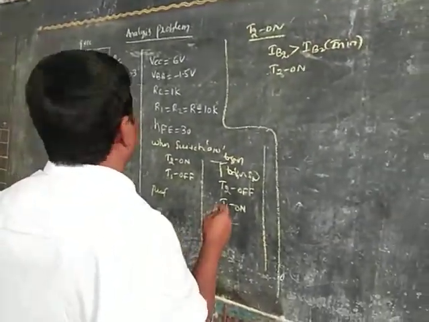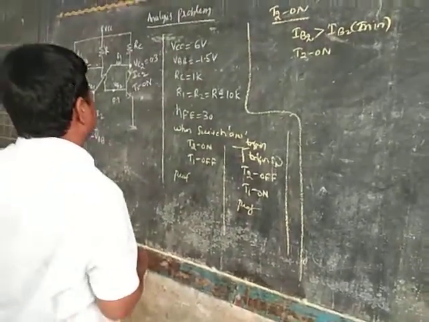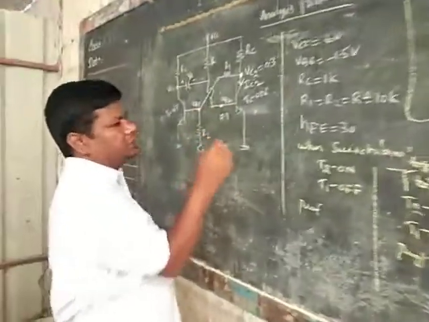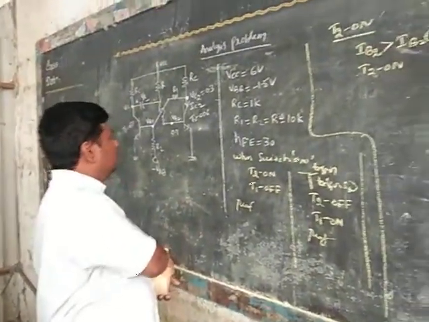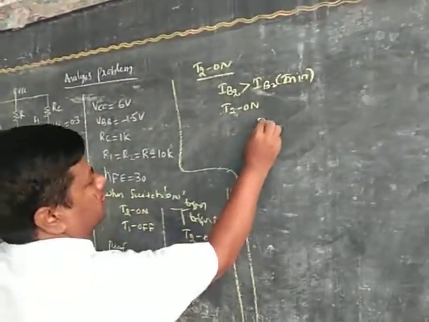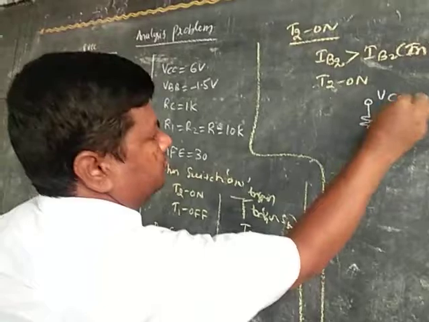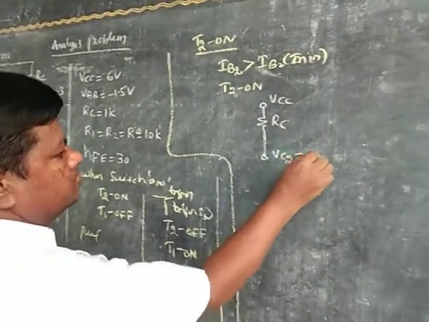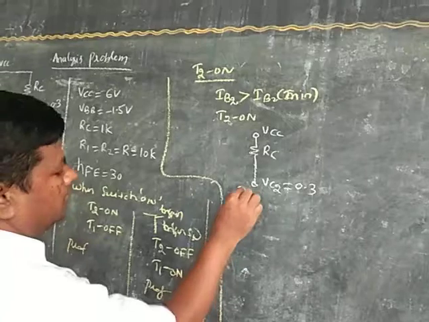First of all, find out the current IC2, coming to this branch. Consider this branch: this is VCC, RC, and now this is VC2 saturation, 0.3.